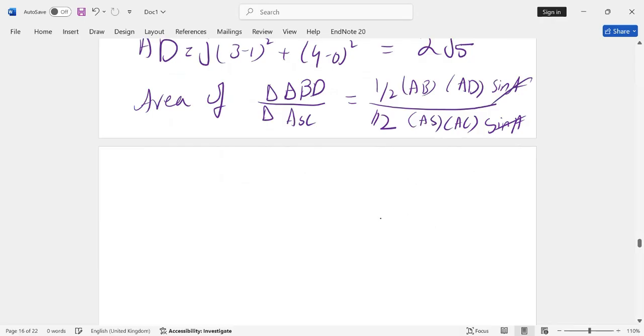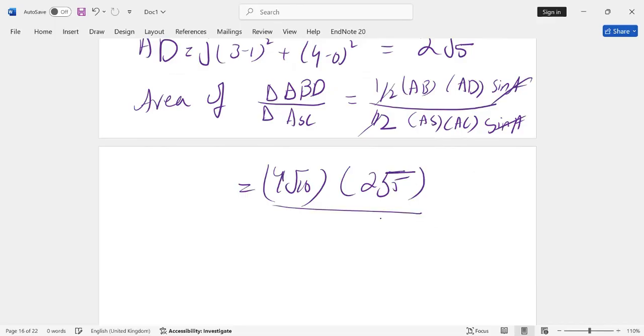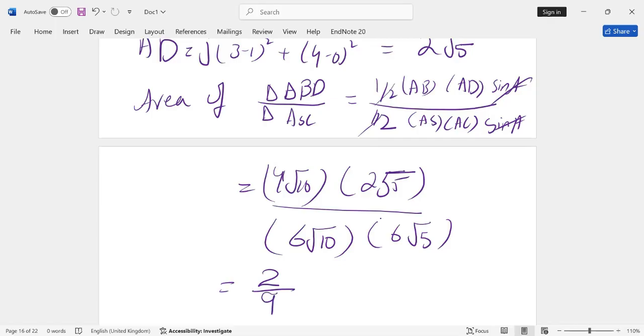I'm just putting the values over here: 4 square root of 10 times 2 square root of 5, divided by 6 square root of 10 times 6 square root of 5. After solving this, we got 2 by 9. Okay, and this is the required answer that we need to find in this question.